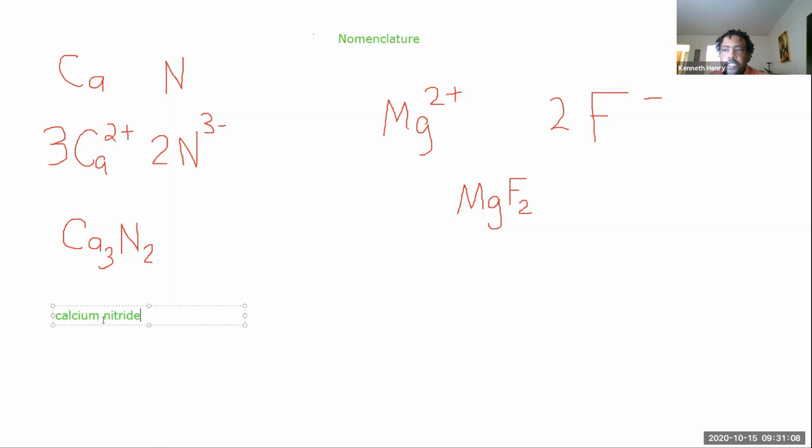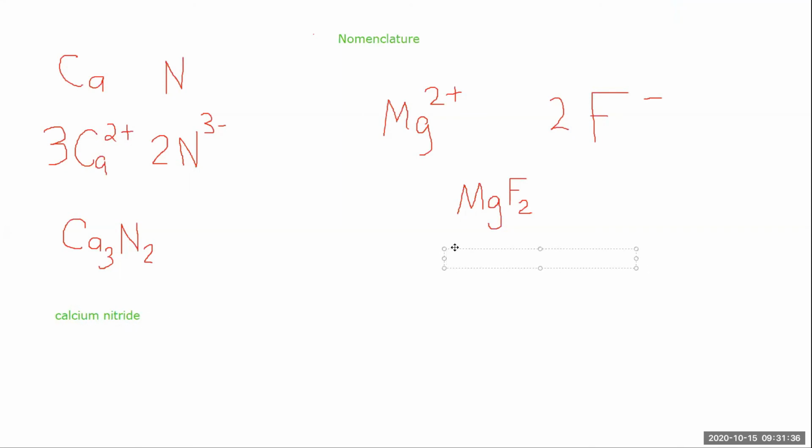Instead of saying nitrogen, we drop the "ogen" and put "ide." The "ide" lets me know that it's negatively charged and it's the end of the compound. And the way you always write it, you always want to put your plus charge first and then your minus charge. If you do it the other way, it's wrong. Okay, now what would we call this guy? Magnesium fluoride.